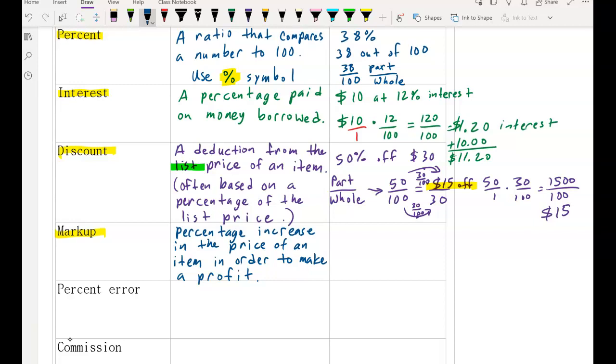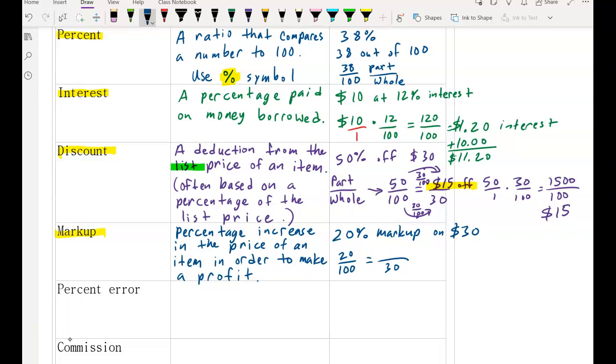So let's say, for example, that a store has a policy of a 20% markup on every item that they sell. Okay, so let's say there's a 20% markup on something that costs $30. All right, well, we know 20% is 20 out of 100. And $30 is right here.